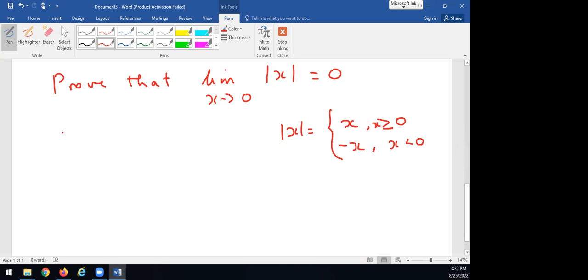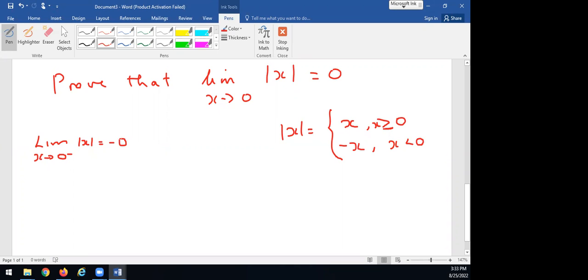So if I want to find the limit as x approaches 0 from the left, which value am I using? The negative x. Then that's just going to equal minus 0. But do we have a negative 0?